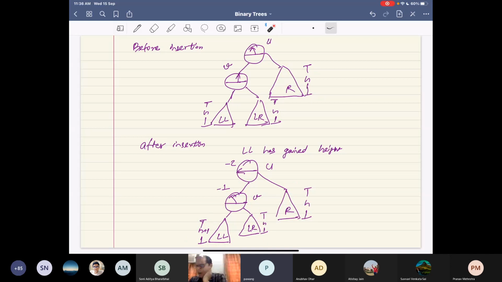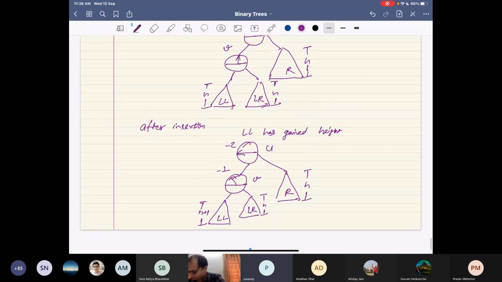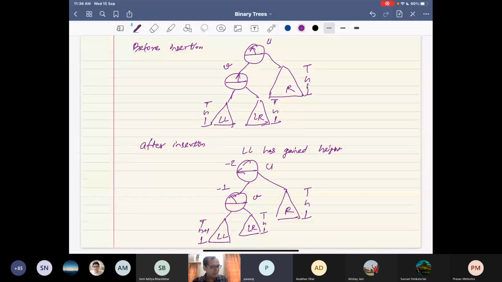Now I have to do something to restore the balance. So what can I do here? As one of you was saying, let's do something like exchange U and V with each other. And this has a very specific term. Think of it as a tree, as if I am rotating it.